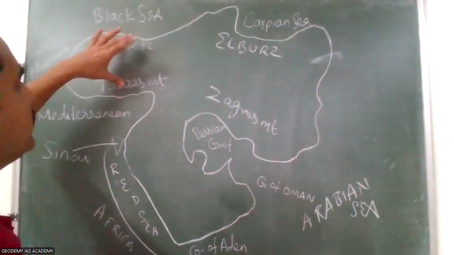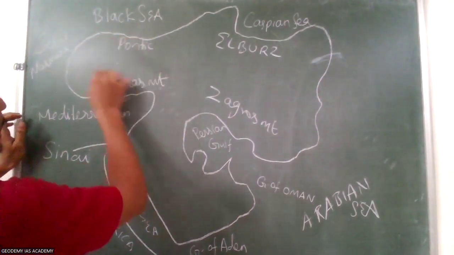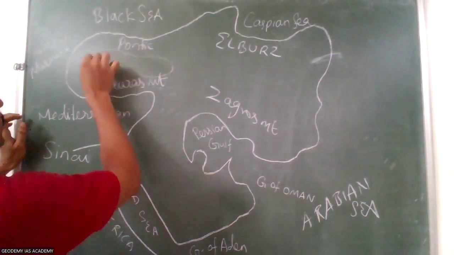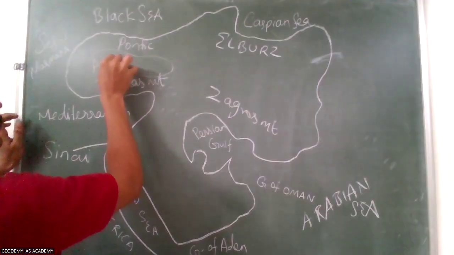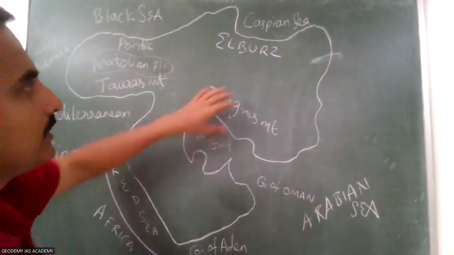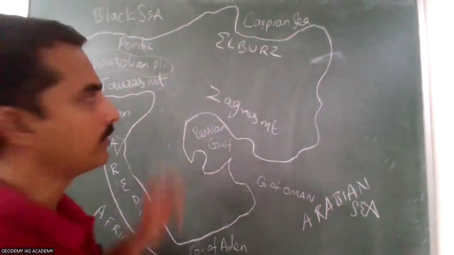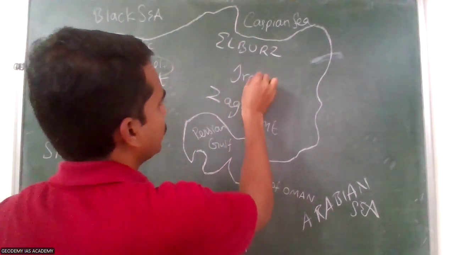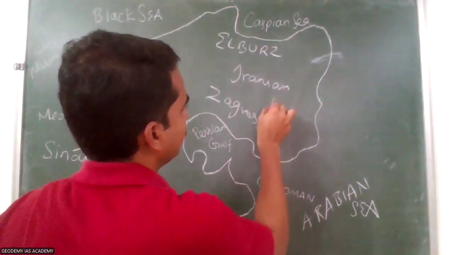Here between the Pontic and Taurus Mountain, the plateau region in Turkey, it is Anatolian Plateau, that we know. And between Elburz Mountain and the Zagros Mountain, it is Iranian Plateau. So the two plateaus are important.